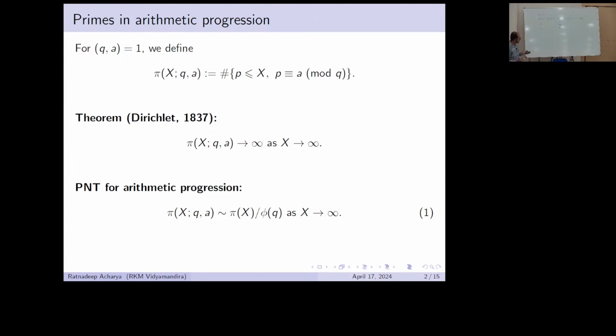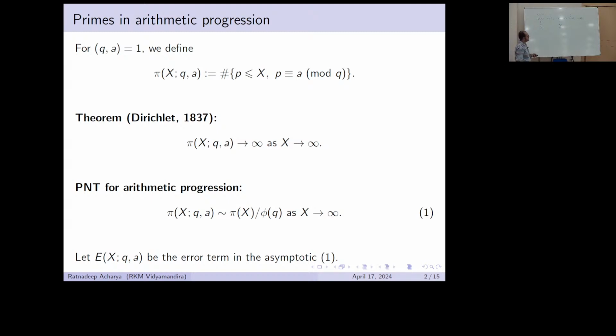Okay. So we are interested in the error term of this asymptotic. What does it mean? The error means the difference between the left hand side and the right hand side. We denote this by E(x;q,a).